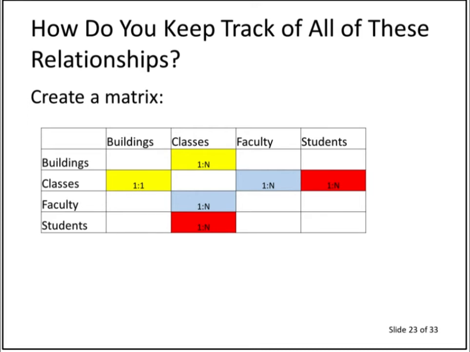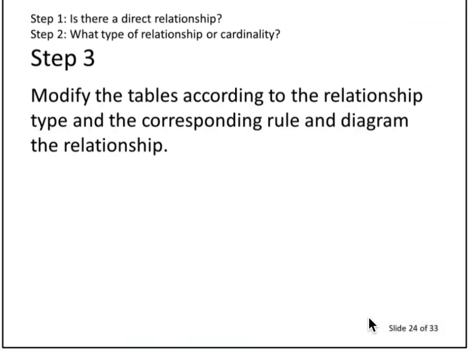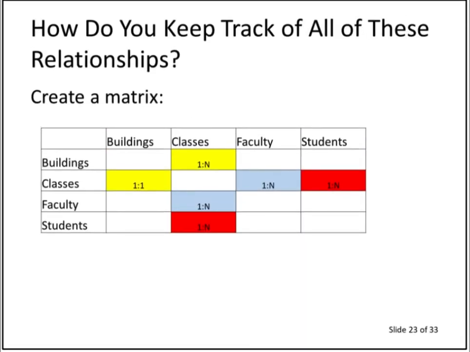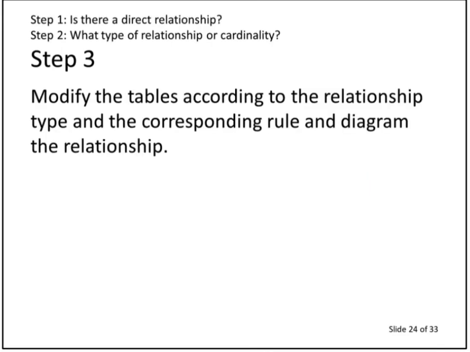So if you do what we talked about in the lecture, you're going to see there's a one-to-many relationship between buildings and classes, and there's a many-to-many relationship between faculty and classes, and there's also a many-to-many relationship between students and classes.